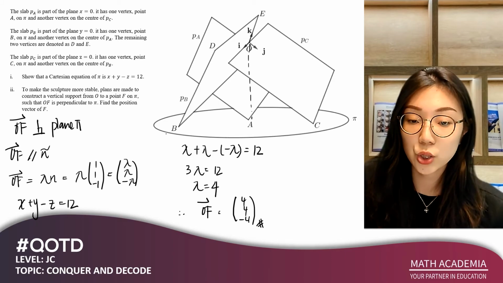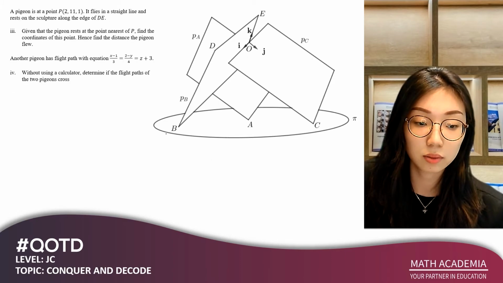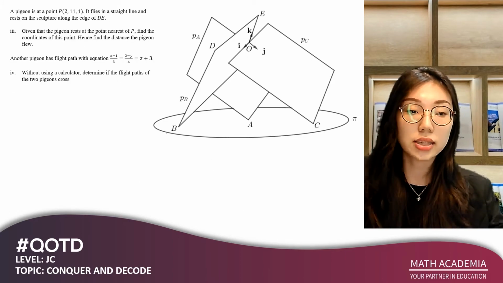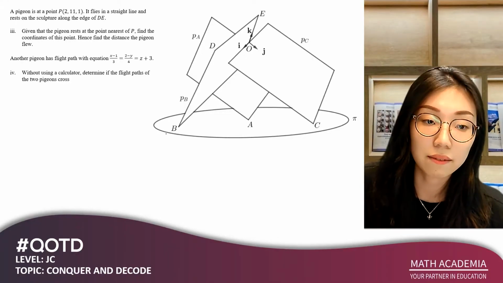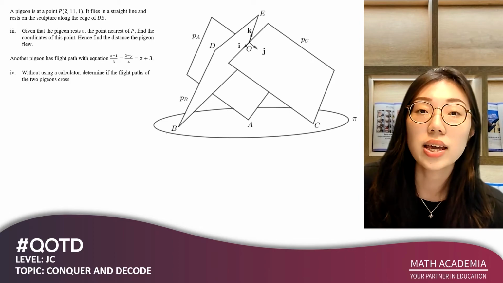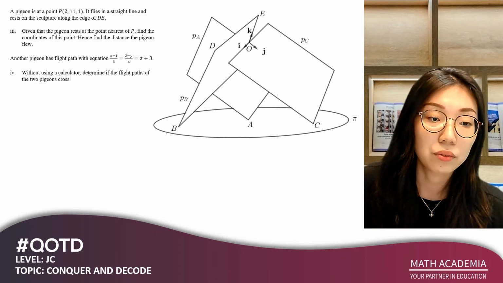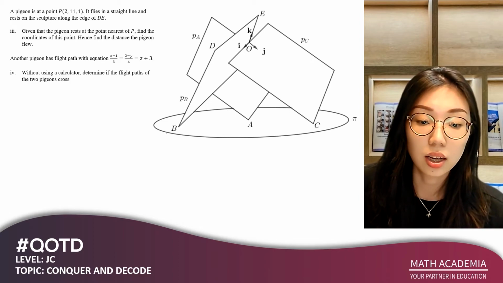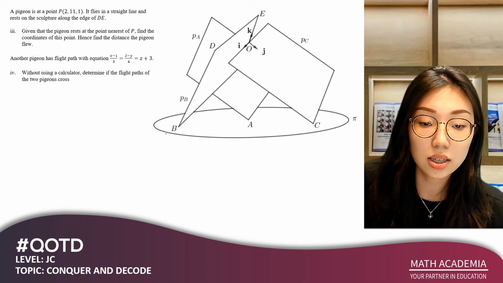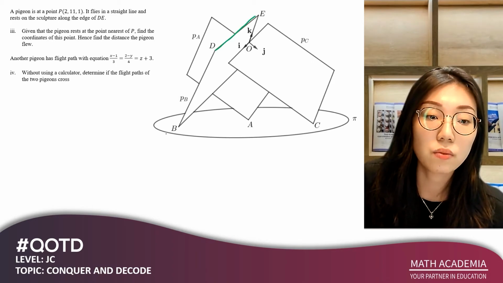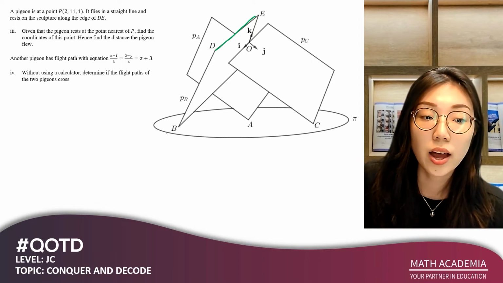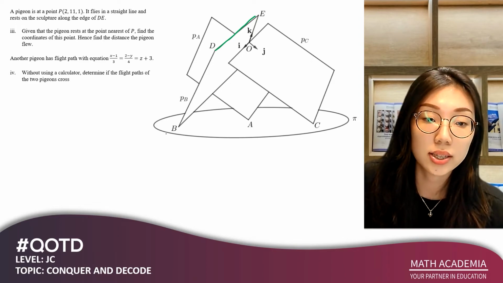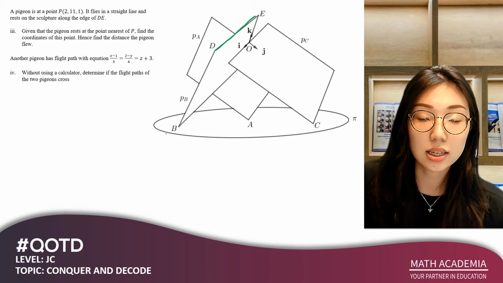Alright, let's move on to the next part of the question. The next part states that a pigeon is at point P with coordinates 2, 11, and 1. It flies in a straight line and rests on the sculpture along the edge of DE. Given that the pigeon rests at the point nearest to P, find the coordinates of this point, and hence find the distance the pigeon flew.